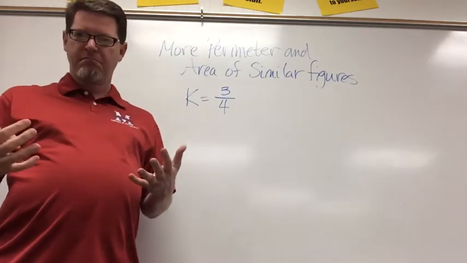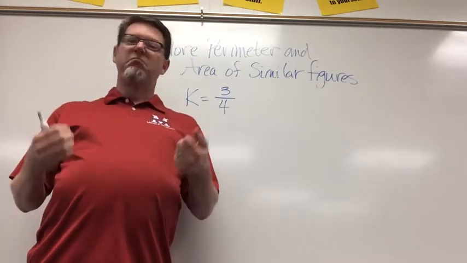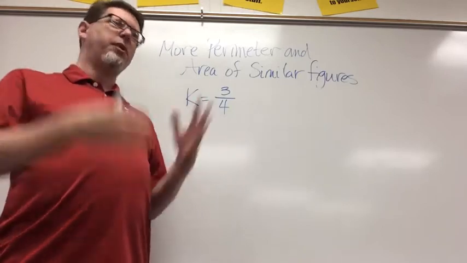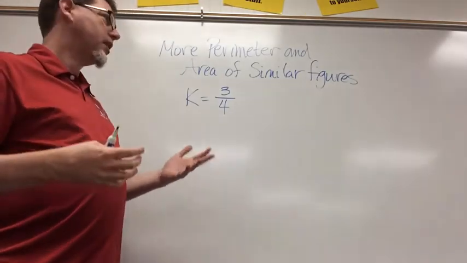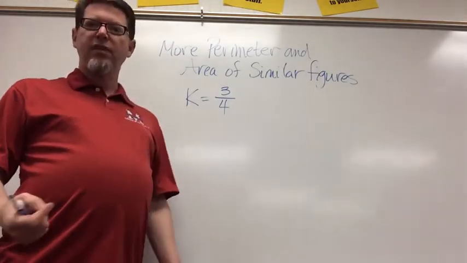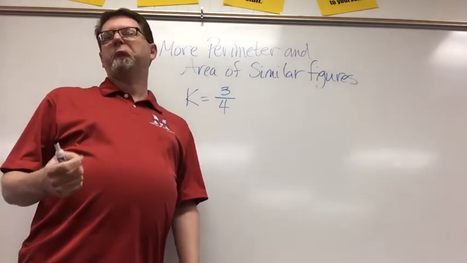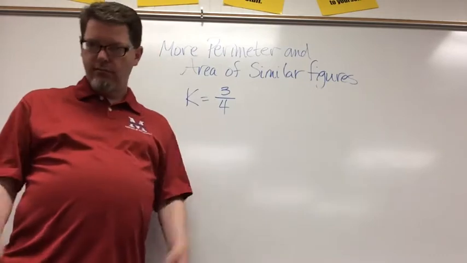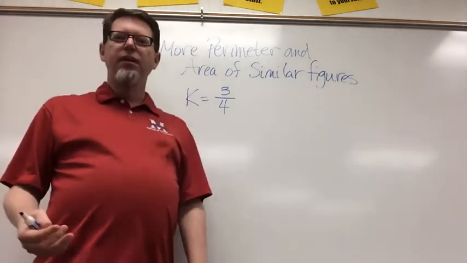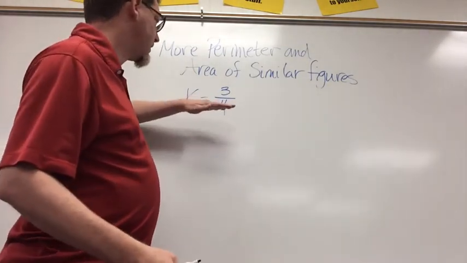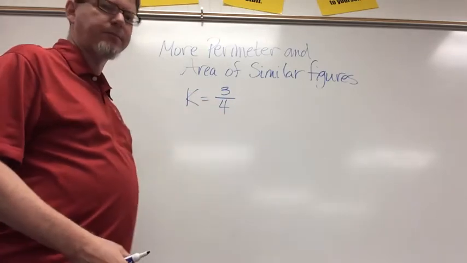They tell me that. So now, let's say I need to draw a picture of K equaling 3/4. So let's use, how about a triangle? Okay, let's use a triangle that has a scale factor of 3/4.